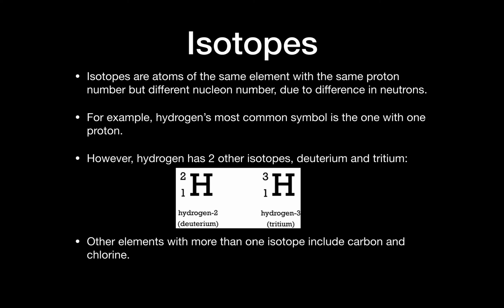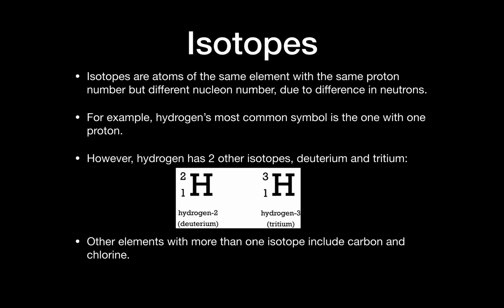Isotopes are just atoms of the same element with the same proton number but different nucleon number due to a difference in neutrons. One example is hydrogen. Hydrogen's most common isotope is hydrogen-1, which has one proton and one electron in orbit.